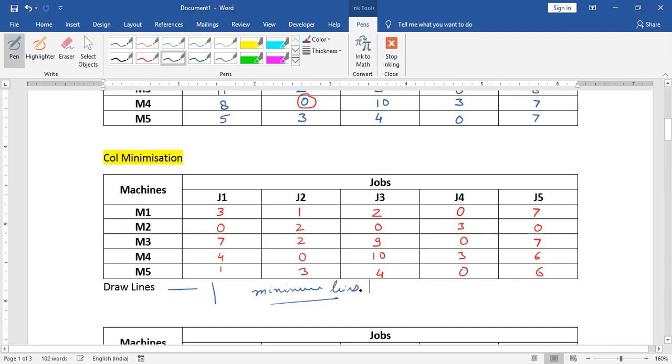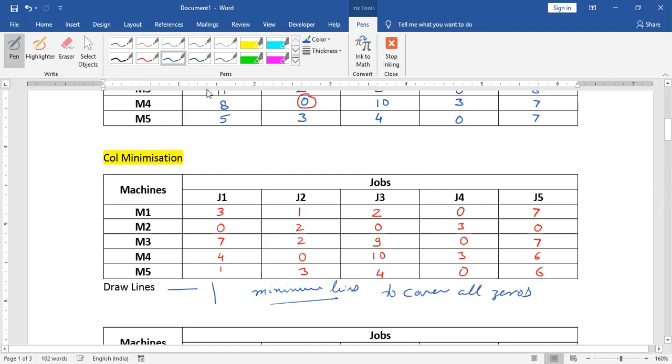Now, in what manner will we draw the minimum lines to cover all zeros?